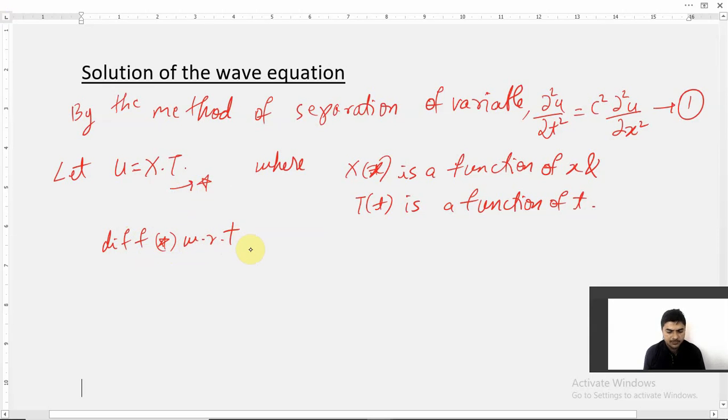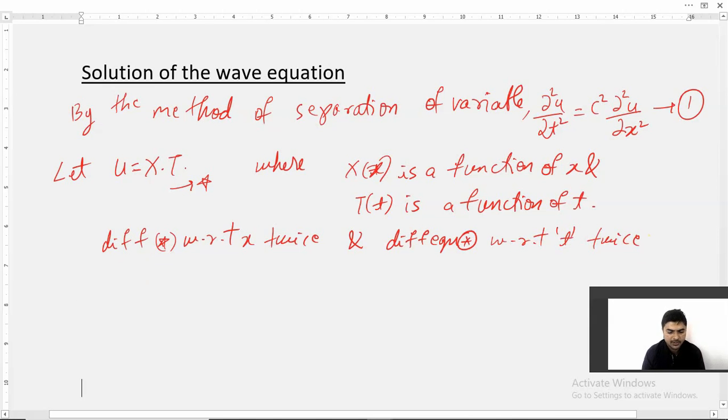with respect to x twice and differentiate equation star with respect to t twice, means double differentiation I am going to write here friends.